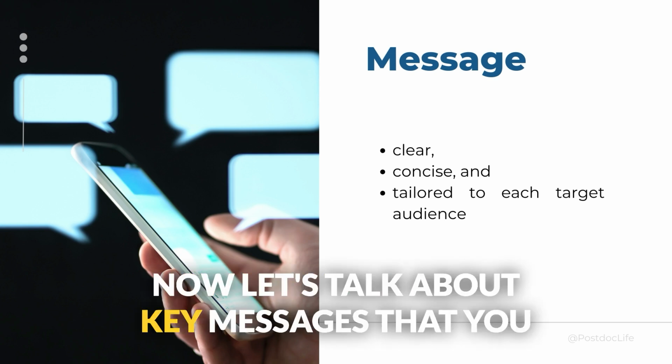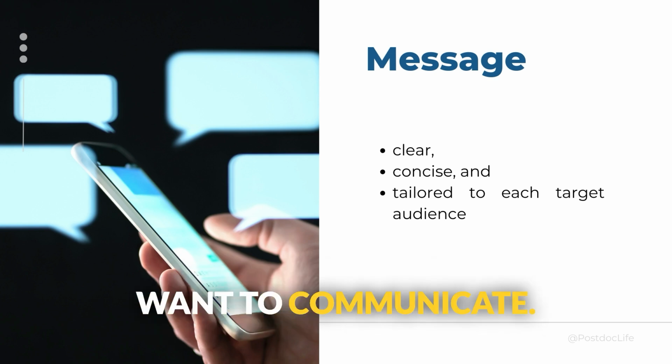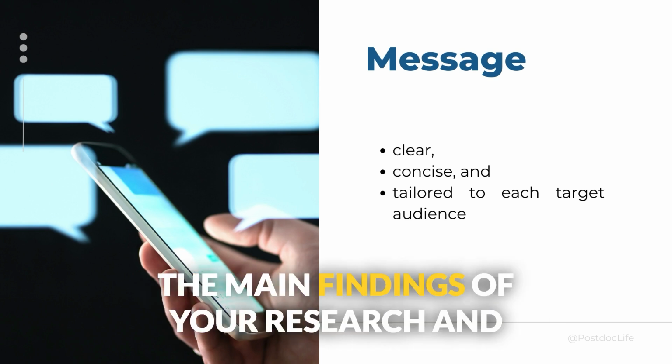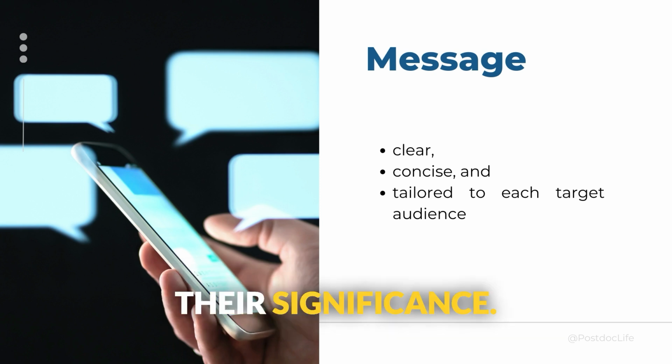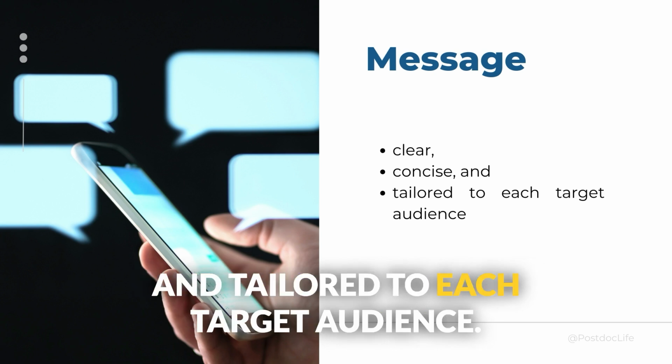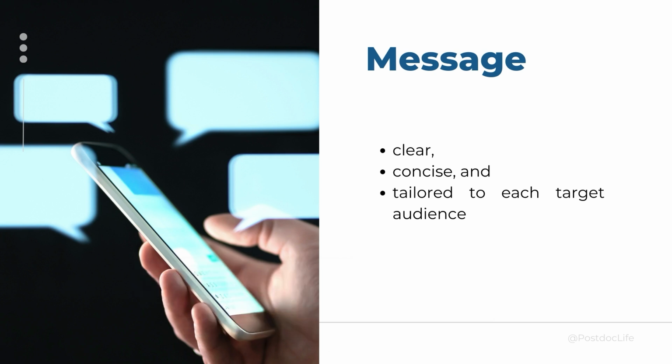Now let's talk about key messages that you want to communicate. Your key messages should summarize the main findings of your research and their significance. These messages should be clear, concise, and tailored to each target audience.